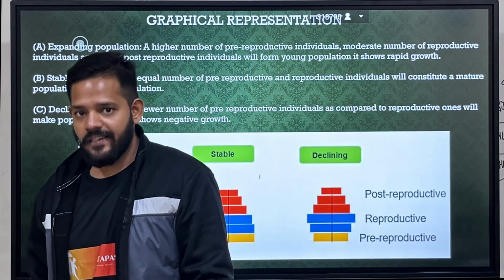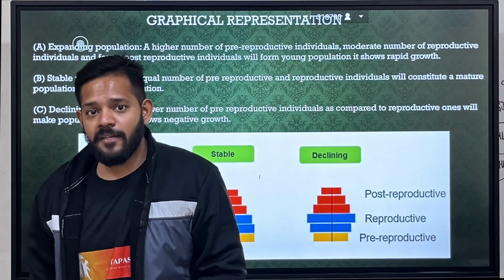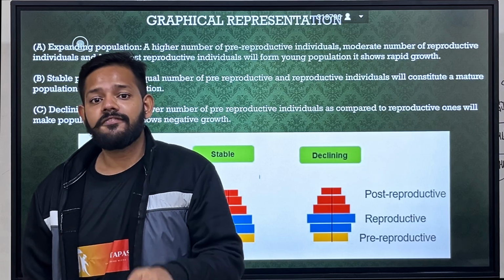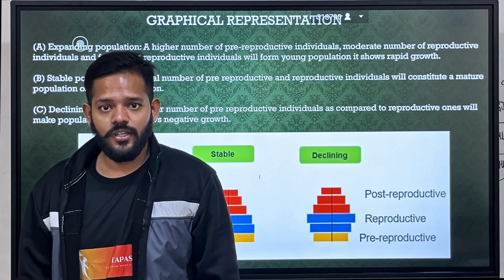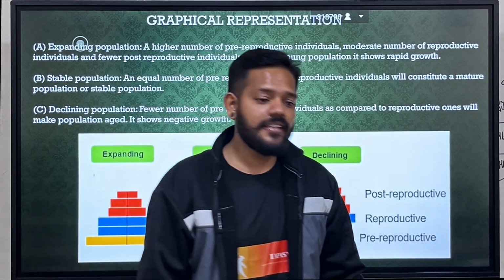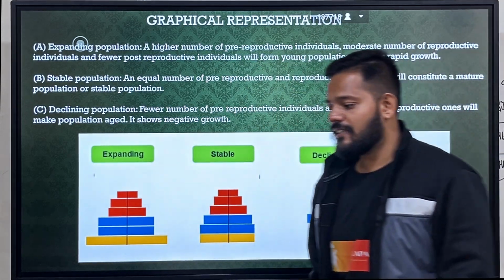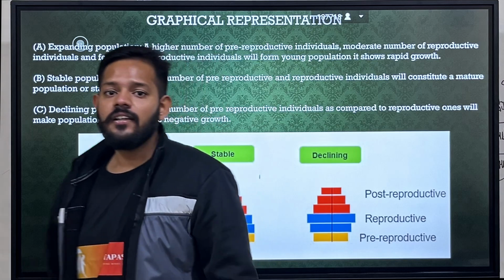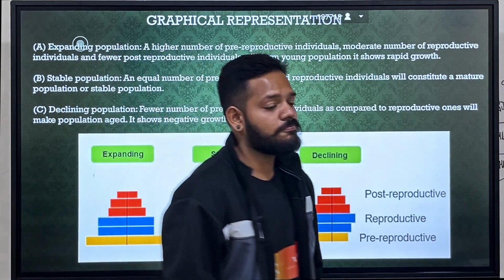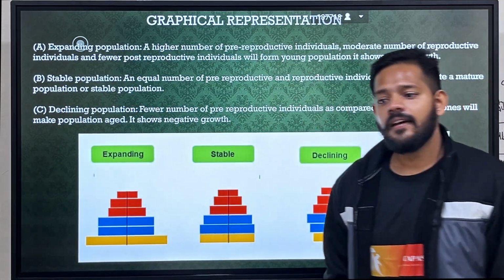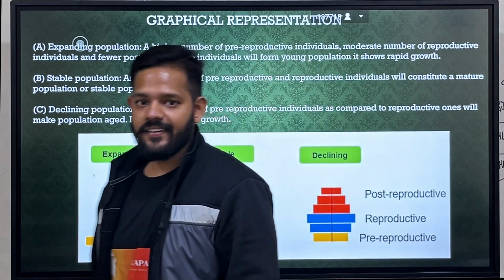And in the world now, this declining population hazard is faced by Japan. In Japan you will find that their population is declining year by year. First reason is infertility. The people of Japan, the genes of persons of Japan, have a higher infertility rate.